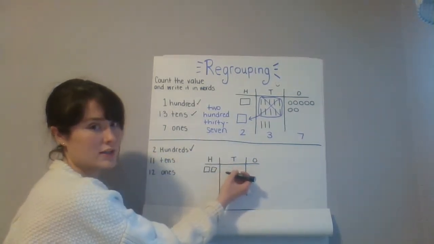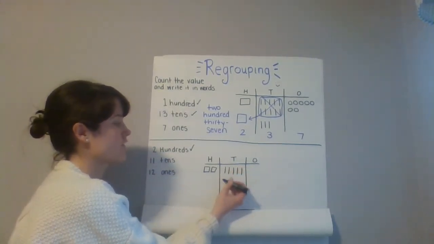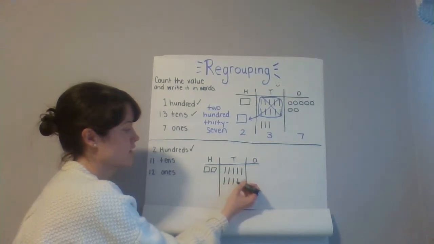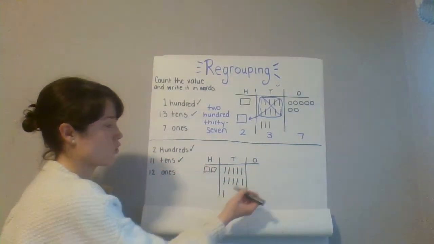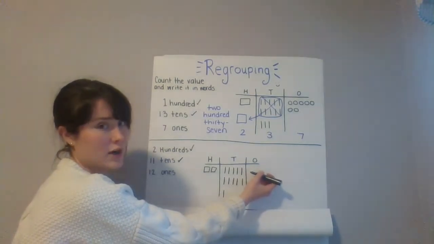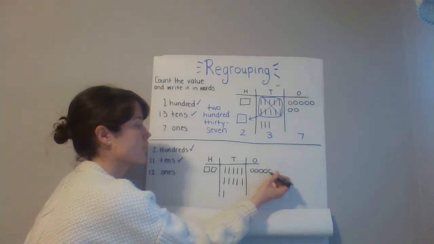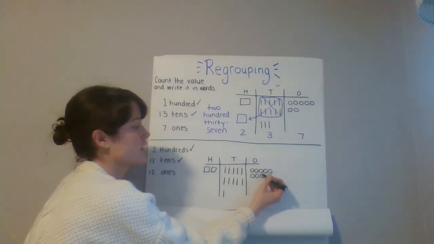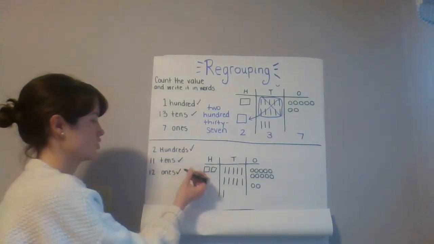Let's keep these organized in neat rows of 5. 1, 2, 3, 4, 5, 6, 7, 8, 9, 10, 11. Check. And 12 ones. I'm going to keep these organized in neat rows of 5. 1, 2, 3, 4, 5, 6, 7, 8, 9, 10, 11, 12. Check mark.